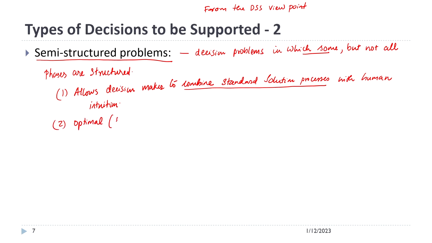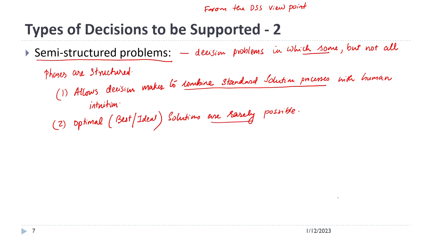We will call it the best or ideal. Optimal solutions are rarely possible. It is not that they are not available, but it is very rare that you would be able to get the optimal solution.